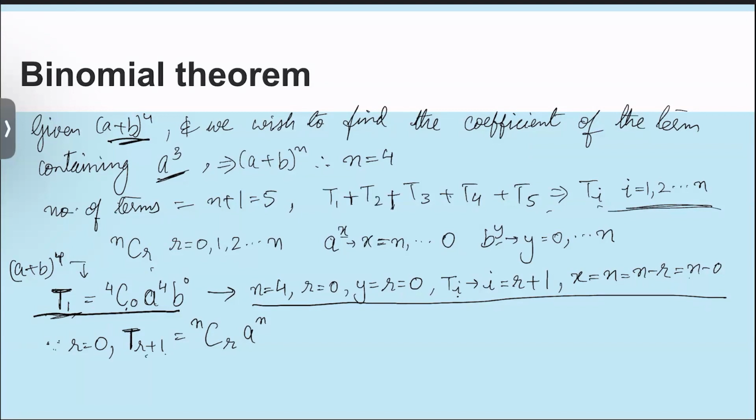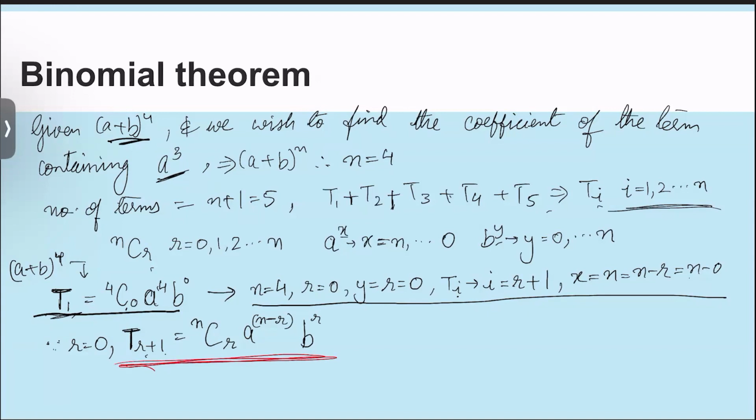So nCr a raised to n minus r; if you do 4 minus 0, it will be 4 only, so it's the same similarity. And your b would be raised to r, because over here we have 0. So this is the general way of writing any term of the expansion.